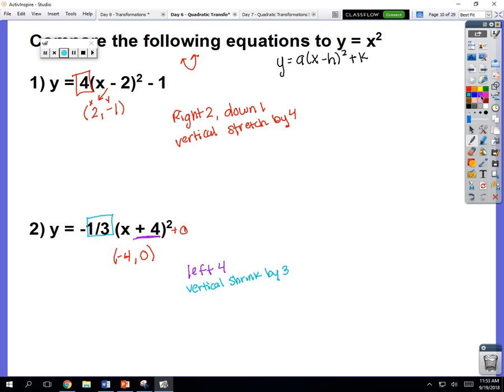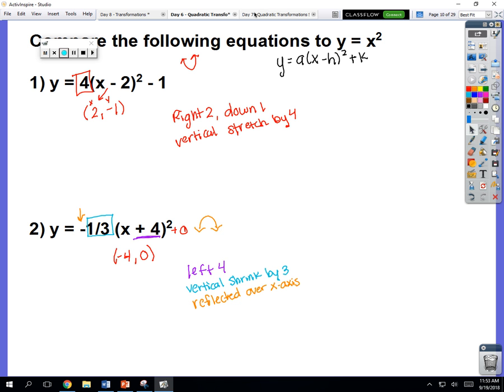And then this negative out front means that it's been reflected across the x-axis, which means that it's facing down. So that's what we did on Monday. You told me the shifts, the stretches, the shrinks, the reflections, based on an equation that was written in vertex form.